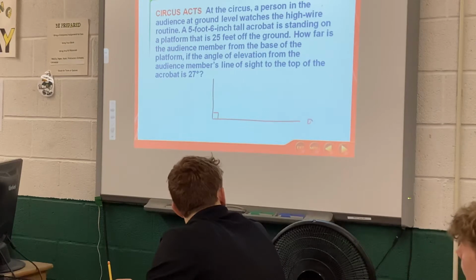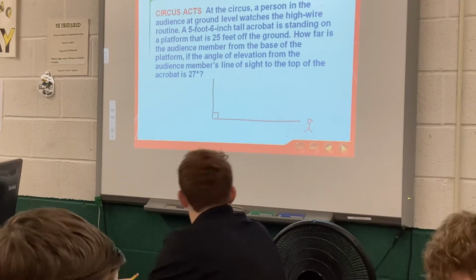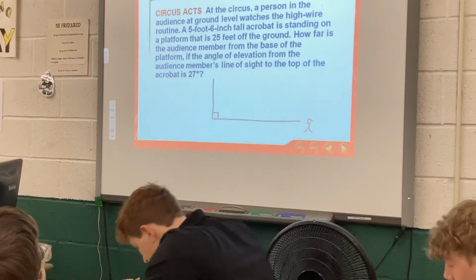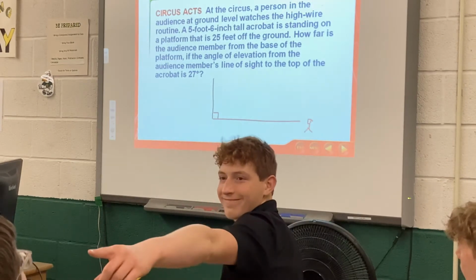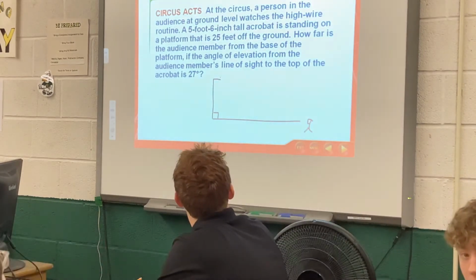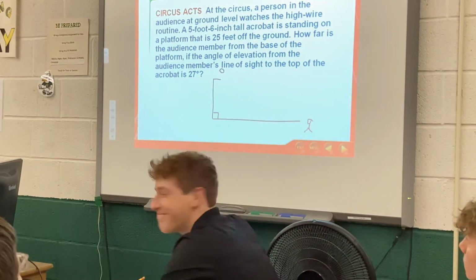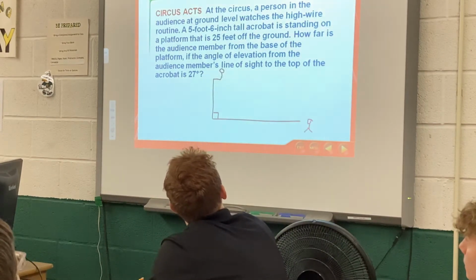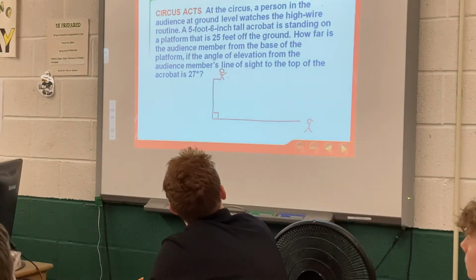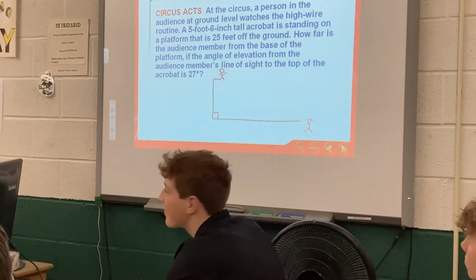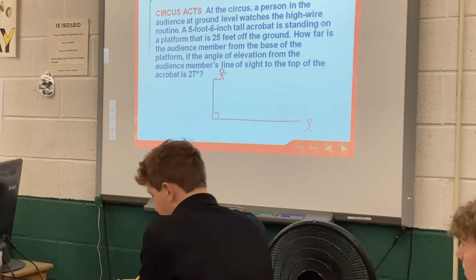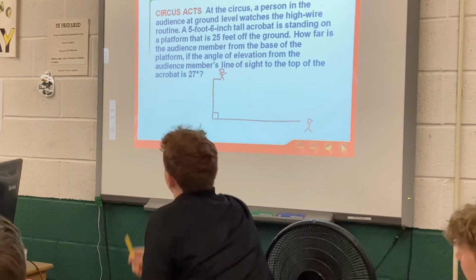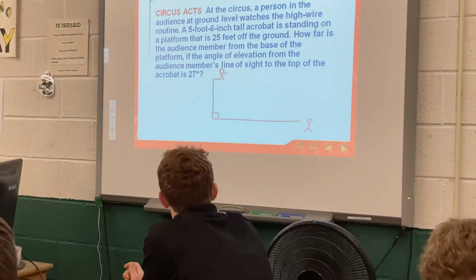Okay, so at the circus, a person in the audience at ground level. So my guy is down over here, or lady, or whoever, at ground level. And then it says that some little acrobat guy, lady, is right up here. And so here's my acrobat. Is standing on a platform that is 25 feet off the ground. Where's 25 go? Everybody okay with that?